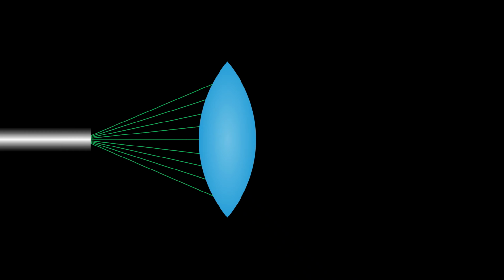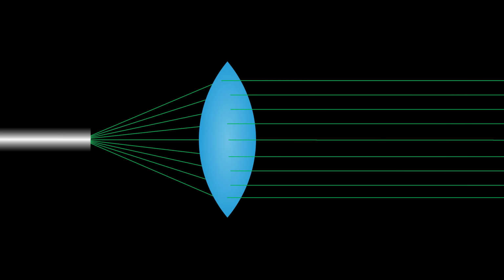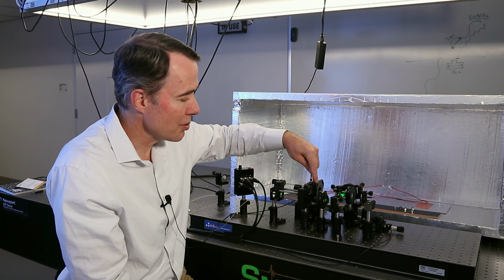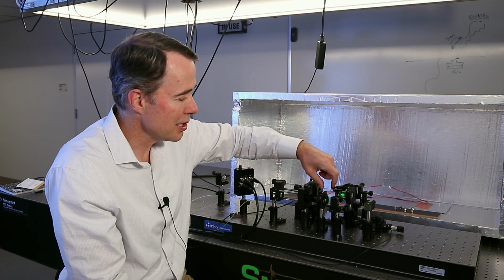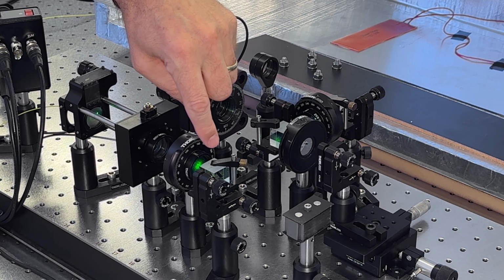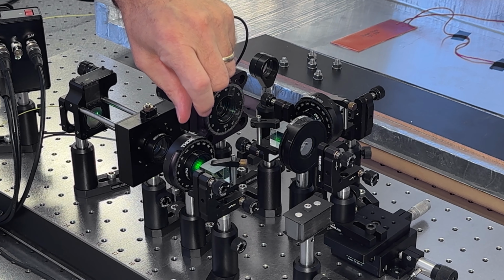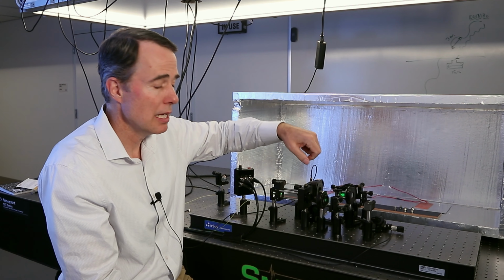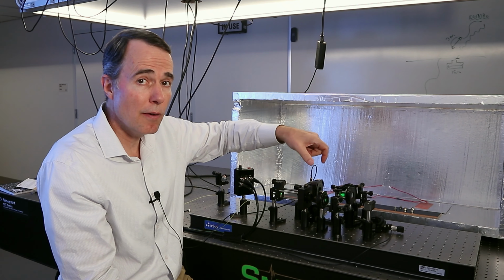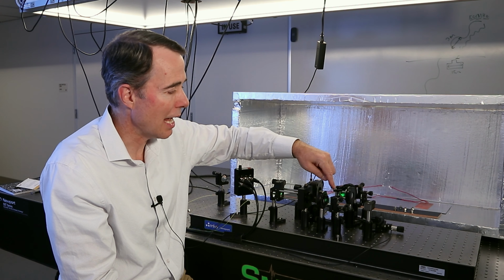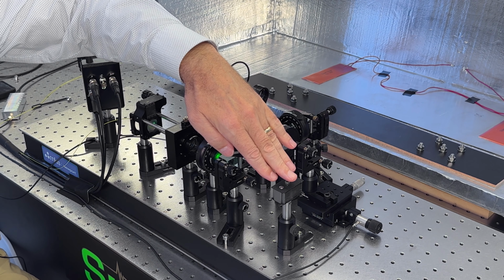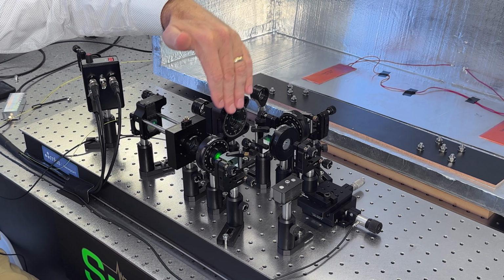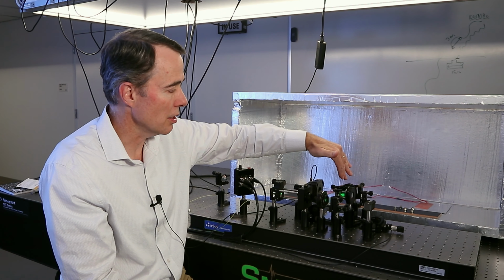And what that does is that lens collimates the light going out. This light then goes through here, and this is a combination of a wave plate and a polarizing beam splitter. What this does is it allows us to tune very carefully how much light we have going this way, which is just dumped, or this direction, which is going towards the interferometer.